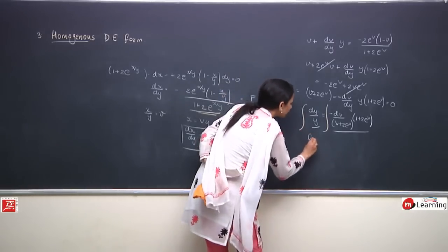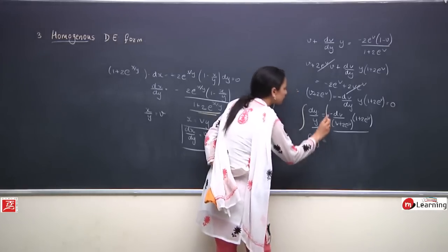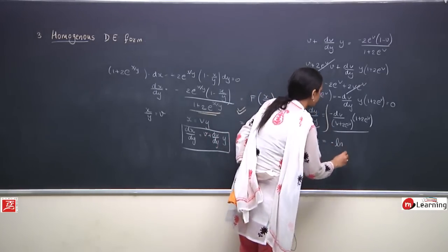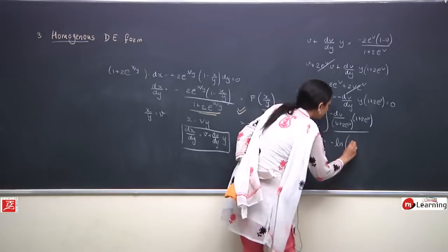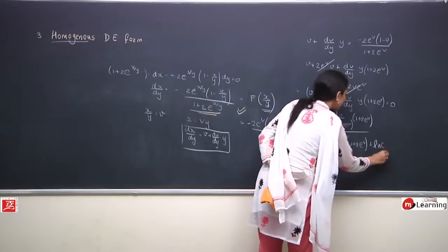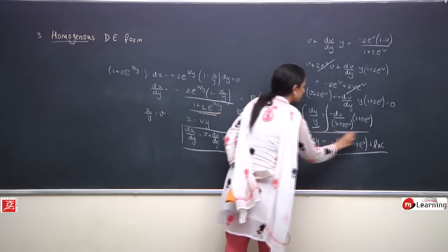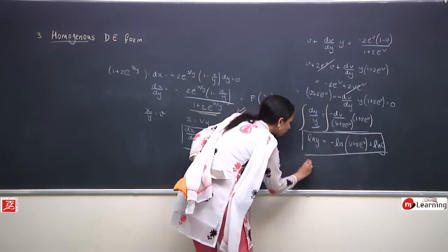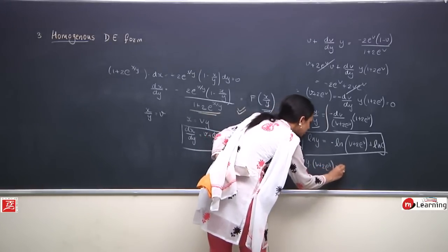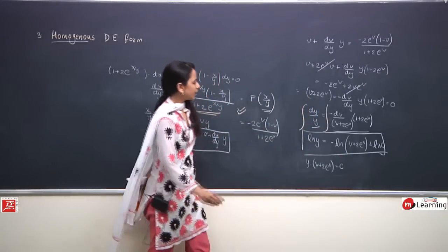What will get here? Ln y is equals to minus ln v plus 2 e to the power v plus ln c, or I can write y into v plus 2 e to the power v is equals to some constant, let us say c1.